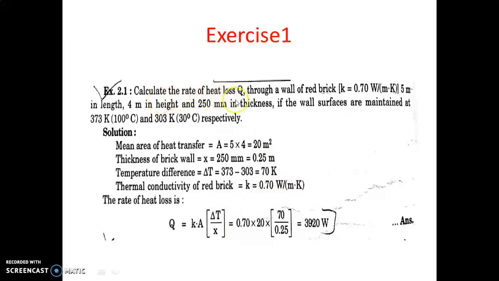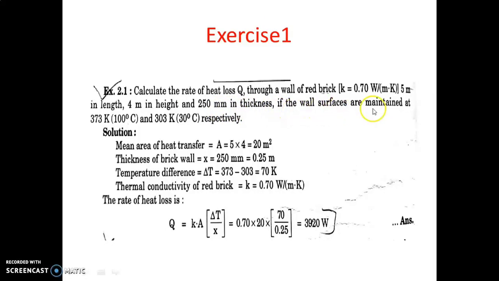Calculate the rate of heat loss, that is Q, through a wall of red brick having K, that means thermal conductivity, equal to 0.70 watt per meter Kelvin, 5 meter in length, 4 meter in height, and 250 millimeter in thickness.